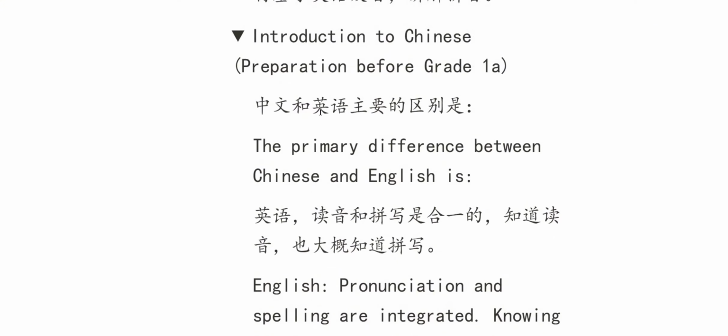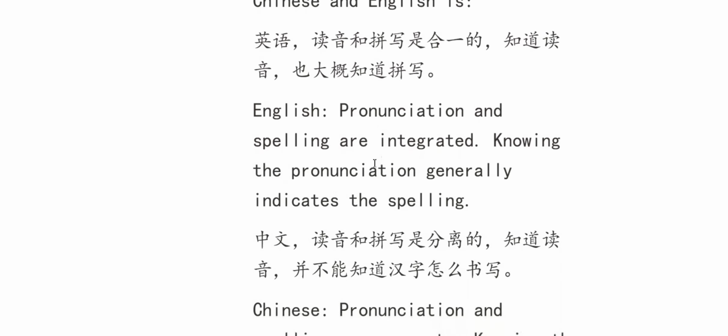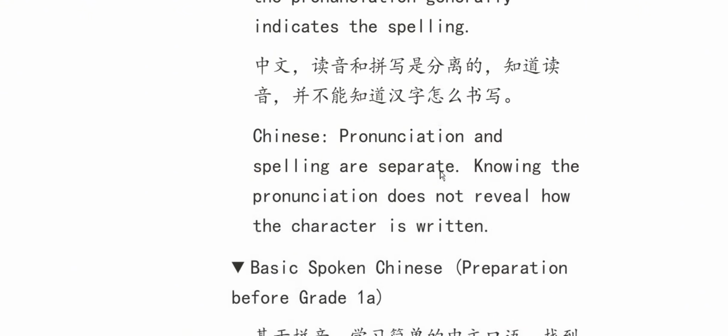In this introduction, we will discuss the primary difference between Chinese and English. For example, English pronunciation and spelling are integrated. Knowing the pronunciation generally indicates the spelling.